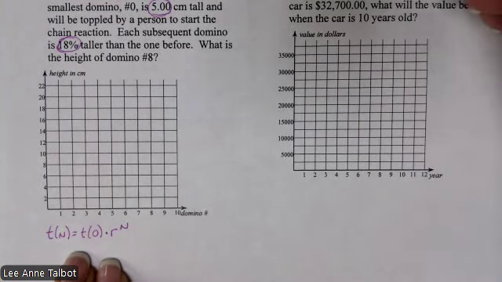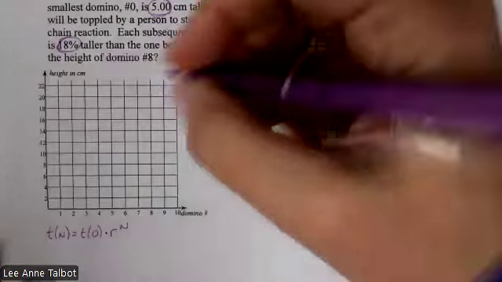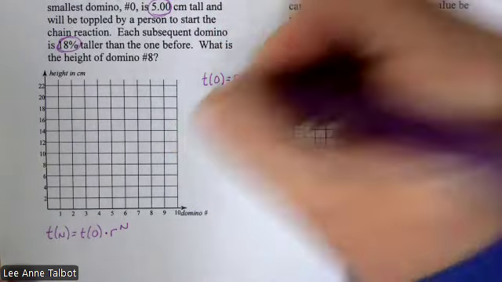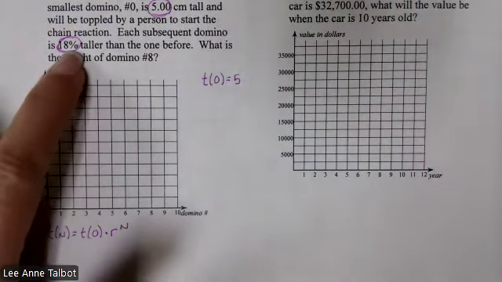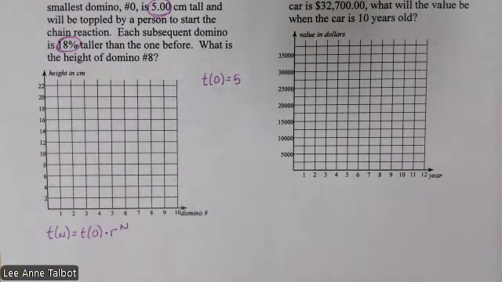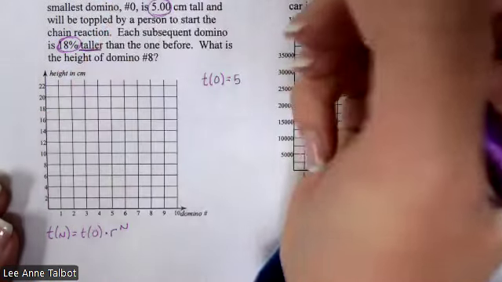Okay, almost. So we need to plug in the 5. So T0 is definitely 5. You're correct about that. Okay, however, r is not 18%. 118%. Yes.